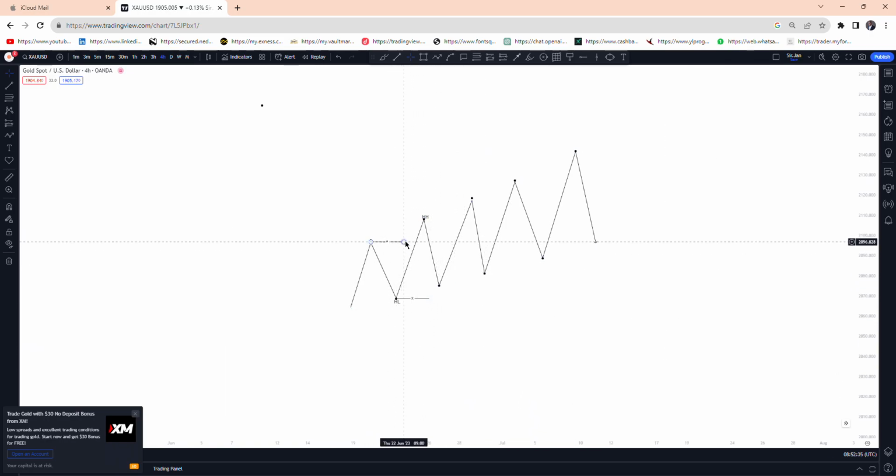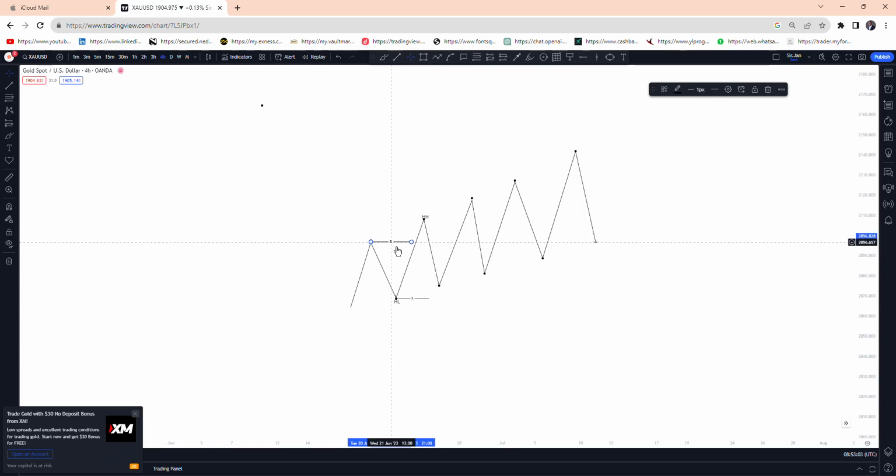The moment the price moves past this, it breaks this, then it's no longer a weak high. It becomes a break of structure. It becomes a breaker of structure.